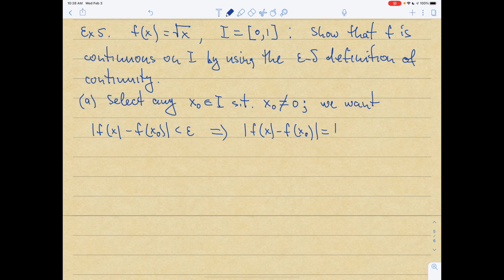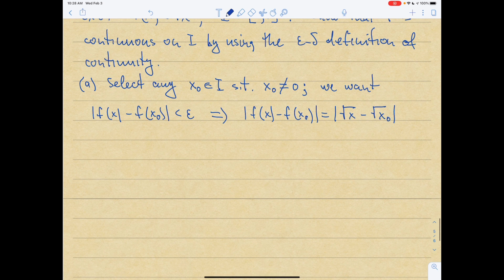F of x is radical of x minus square root of x0. I want this to be less than epsilon by making x minus x0 less than delta, so I need to transform this expression to x minus x0, and I can do that by multiplying and dividing by the conjugate.